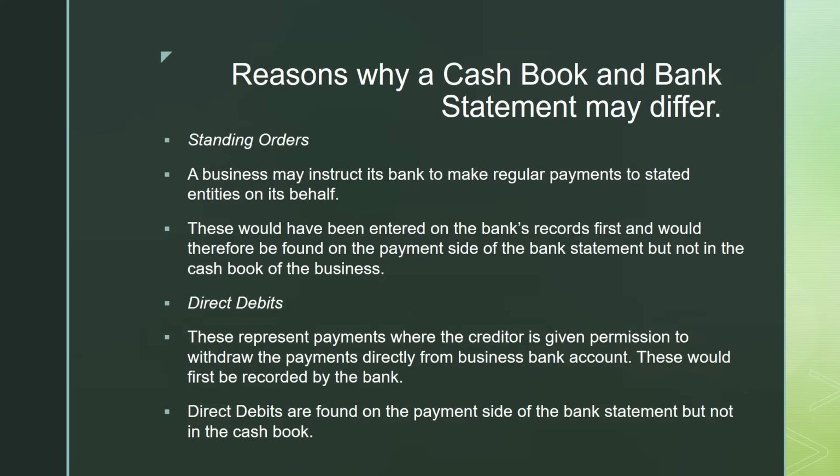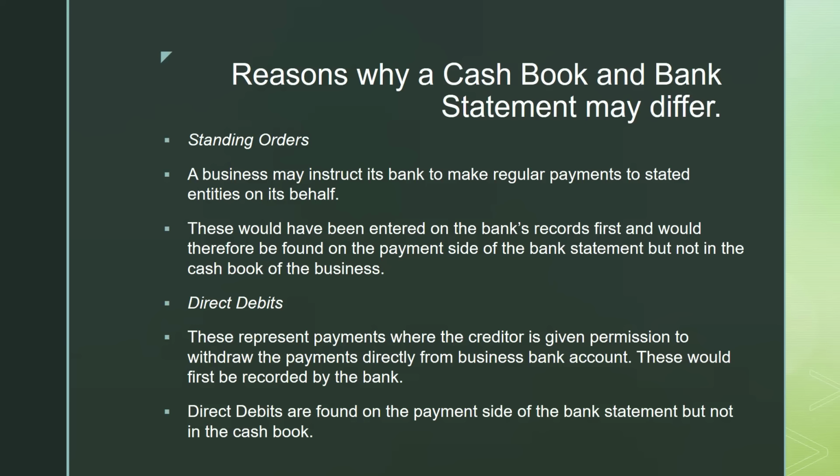So a standing order. You all know what a standing order is? Yes, sir. All right, it's an order to the bank to pay money from your account to another account periodically. So I have a phone bill. Instead of going to the phone company every month to pay it, I could tell the bank every month I want to transfer $300 to this phone company for my phone bill.